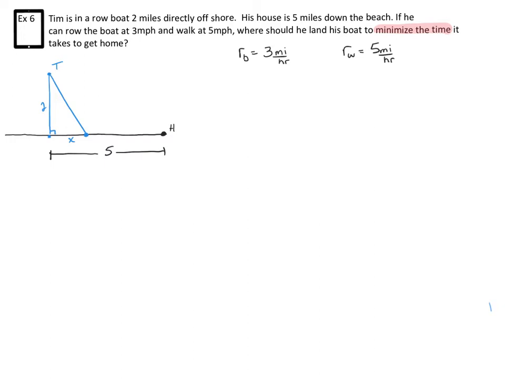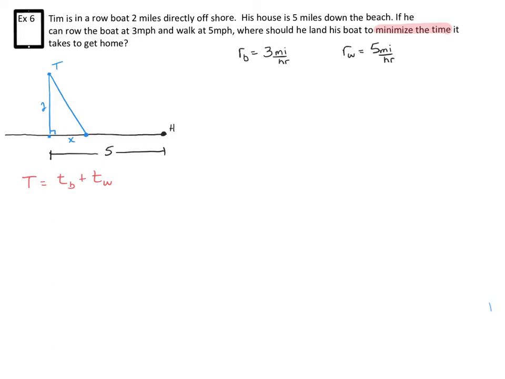So if we want to minimize time, we need a time equation. And so what is the time equation going to be? Well, we know the time that it takes to get home is going to be the time he takes in his boat plus the time it takes for him to walk.